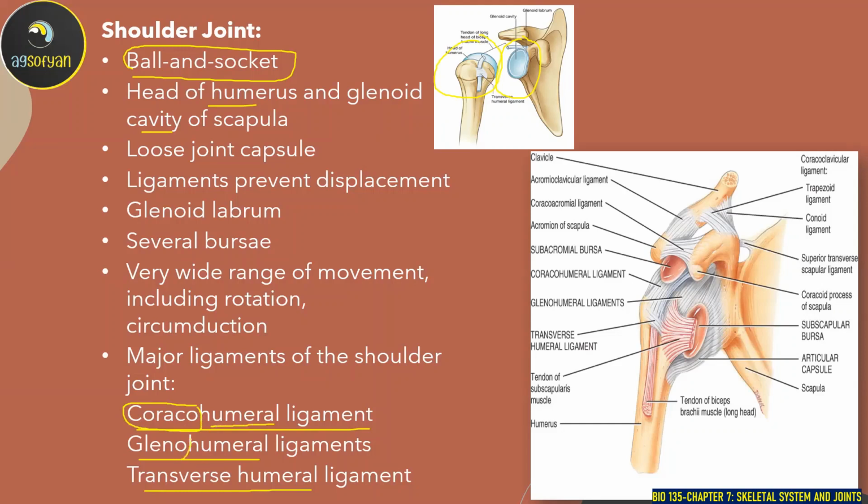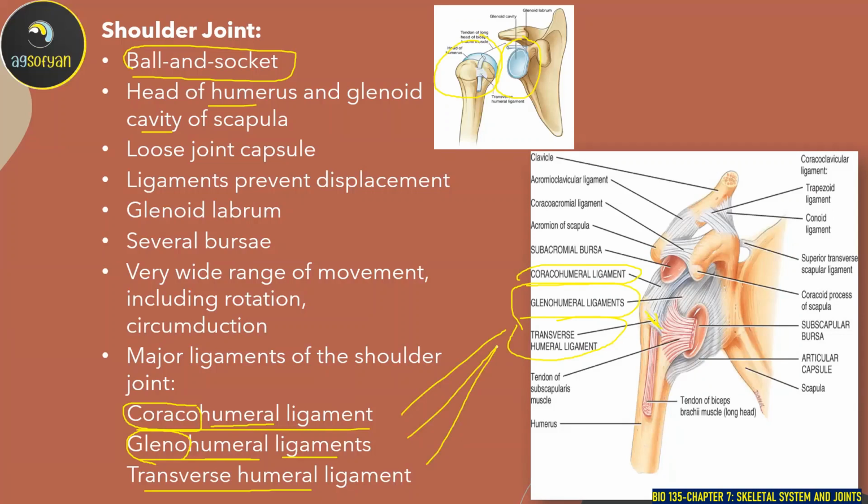Glenohumeral, this is between the glenoid cavity, which is part of the shoulder blade, and the humerus bone. So these are the 3 main ligaments in the shoulder that give strength to the shoulder joint.